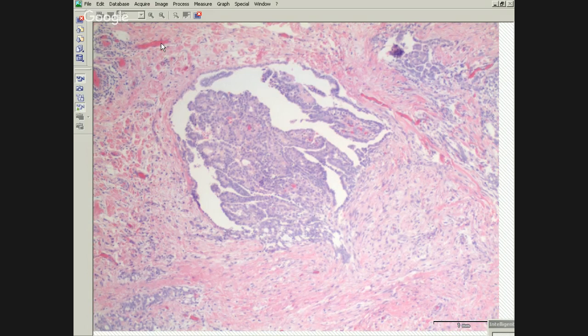Some important pitfalls to consider: if you're concerned about metastatic breast carcinoma, a lot of people have been using GATA3 as a breast marker. GATA3 can stain a fairly significant percentage of mesotheliomas, so you want to be careful about that.